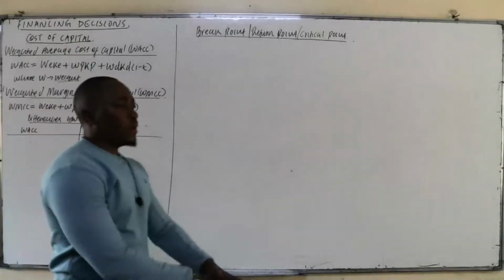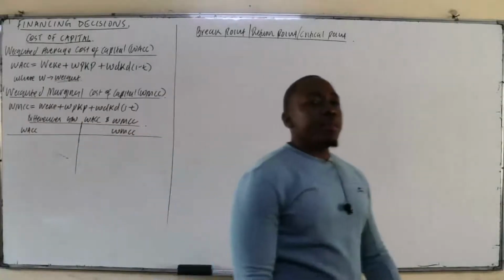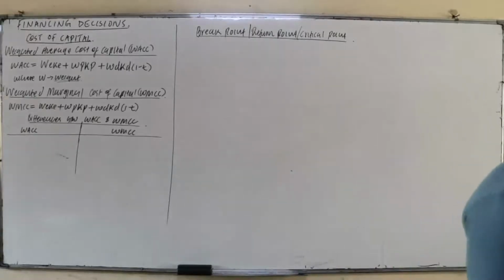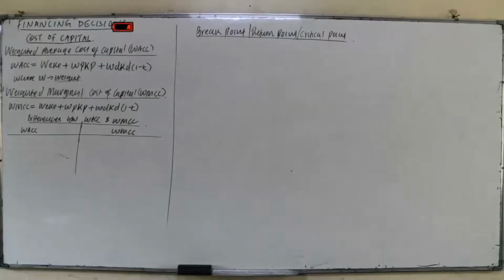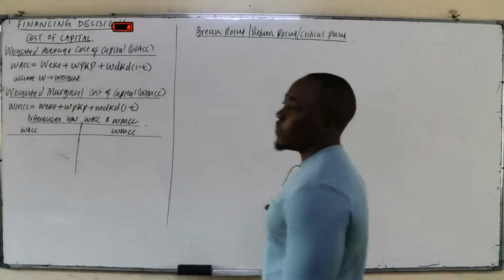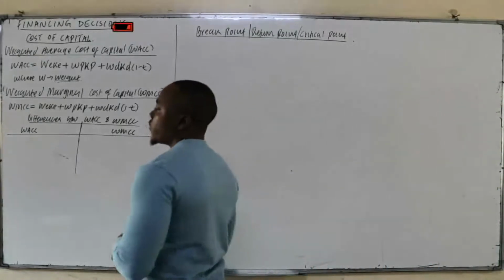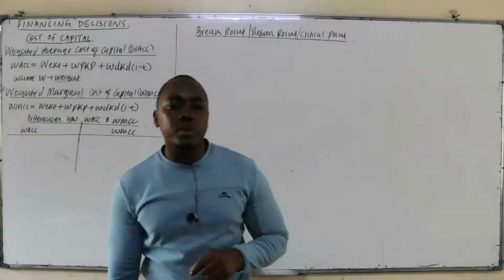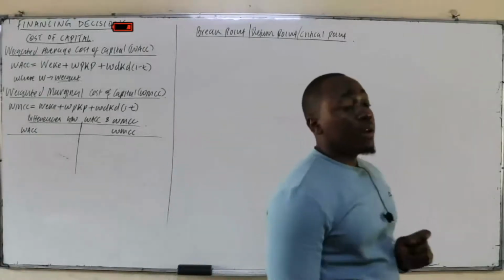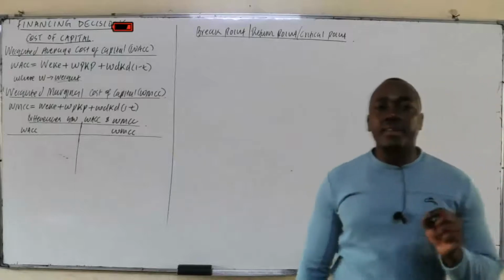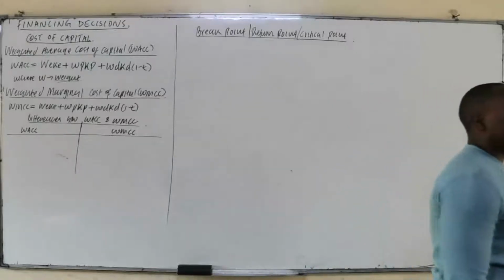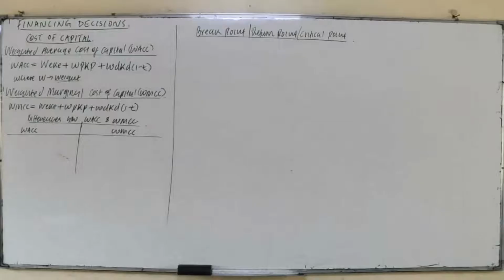You see that this is a point whereby a given source of capital is finished, and the investor decides to use the next expensive source of capital.